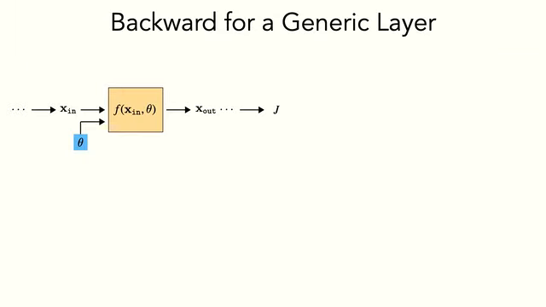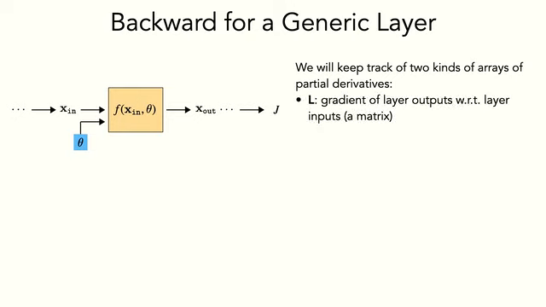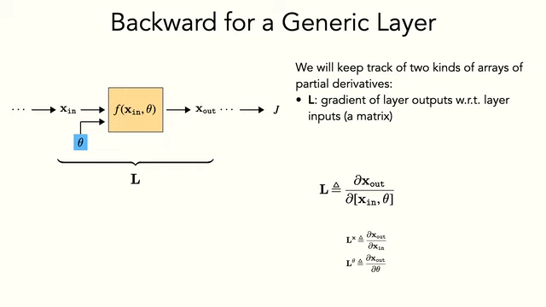So what does a backwards pass look like for a generic layer? We're going to keep track of two kinds of arrays of partial derivatives here. First, L is the gradient of the layer outputs with regard to the layer inputs. This will be a matrix, right? This is telling you which way each of these parameters needs to change to move in the maximal direction of optimization.